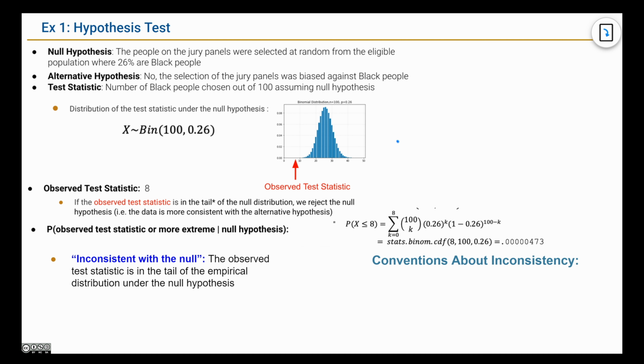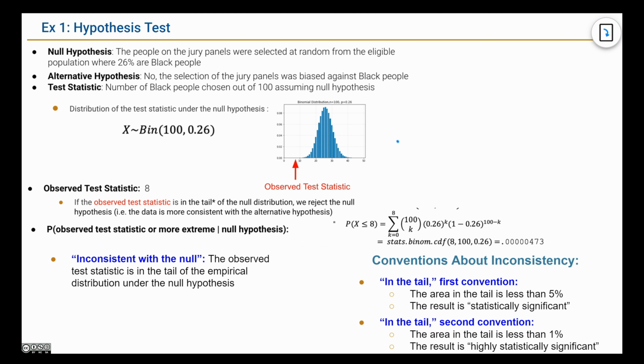Statisticians have come up with some conventions, at least when it comes to these hypothesis tests. The first convention is if the p-value, the area in the tail, is less than 5%, then we say the result is statistically significant.